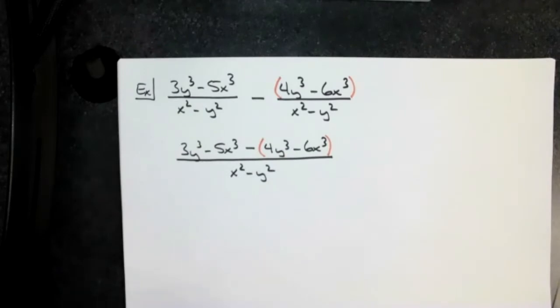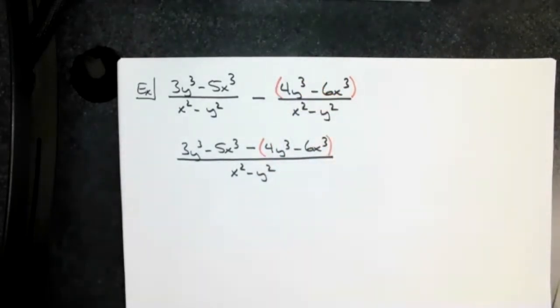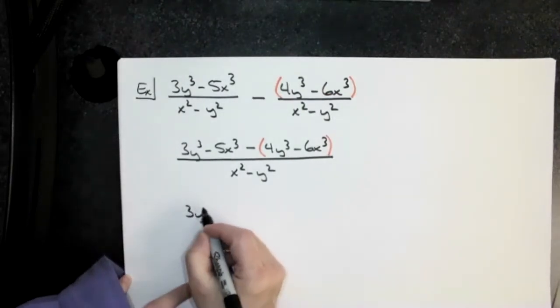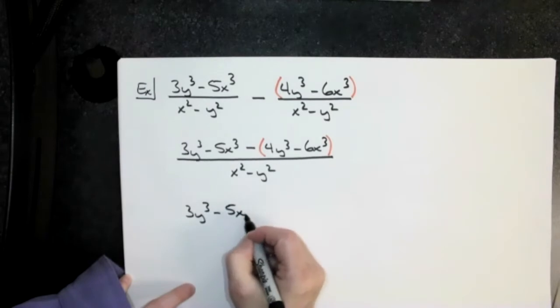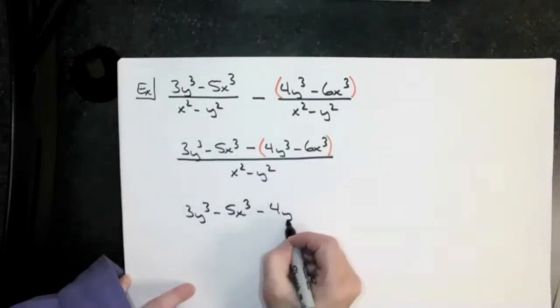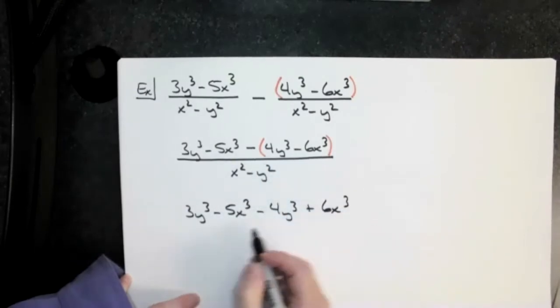People just have a tendency to miss it, trying to go straight down to the next step. So I would probably write 3y to the third minus 5x to the third, distributing in the negative, minus 4y to the third. Negative times negative makes it a positive 6x to the third.